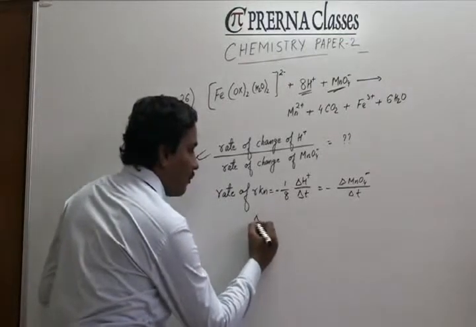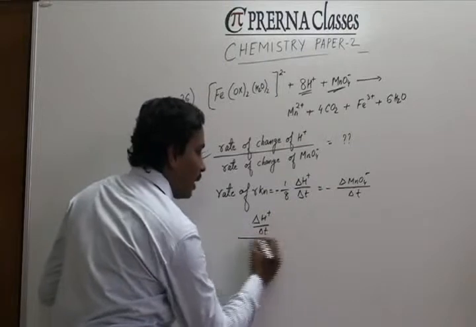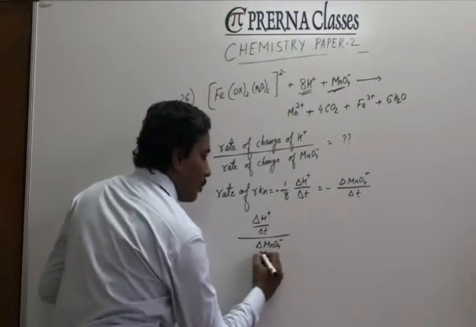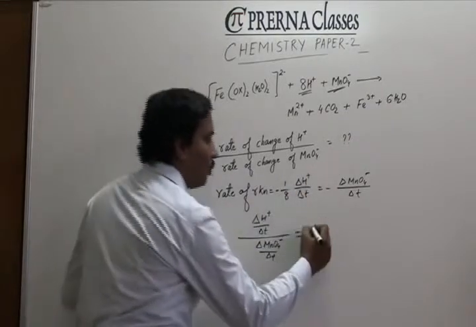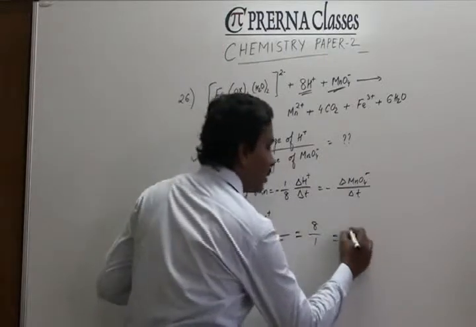That means we have to find del H plus by del T by del MnO4 minus by del T. That is equal to 8 by 1. Therefore the answer is 8.